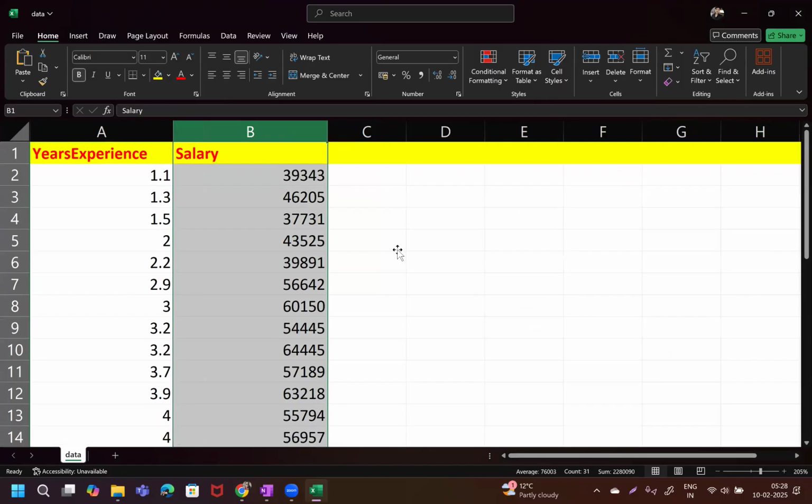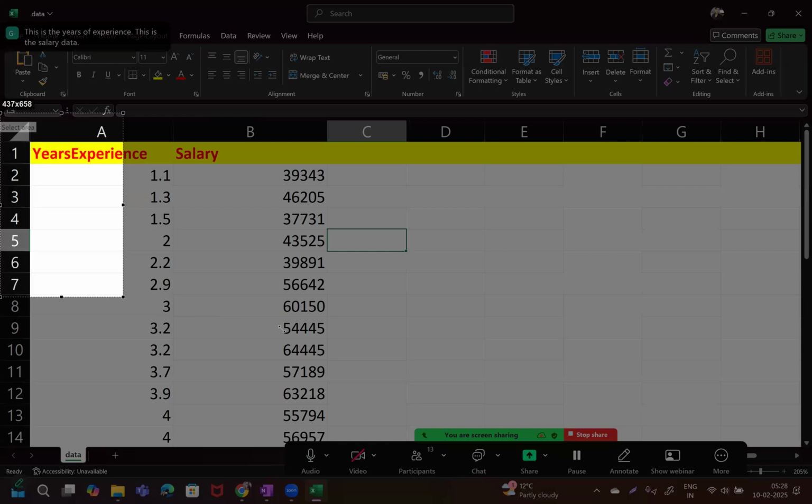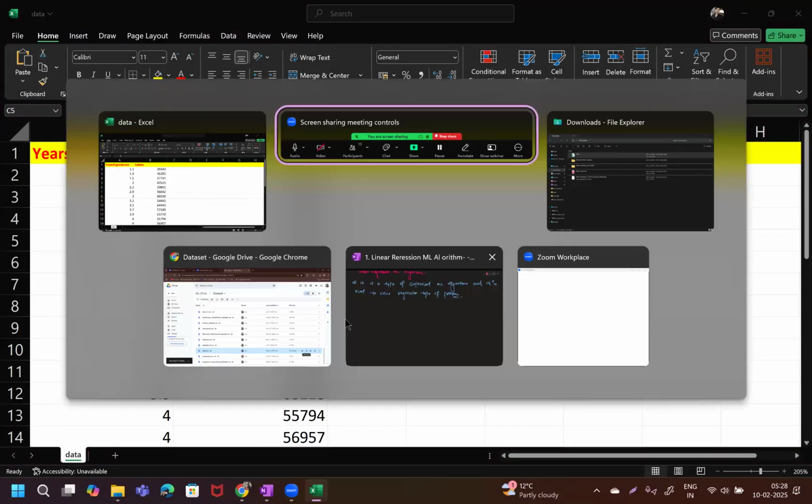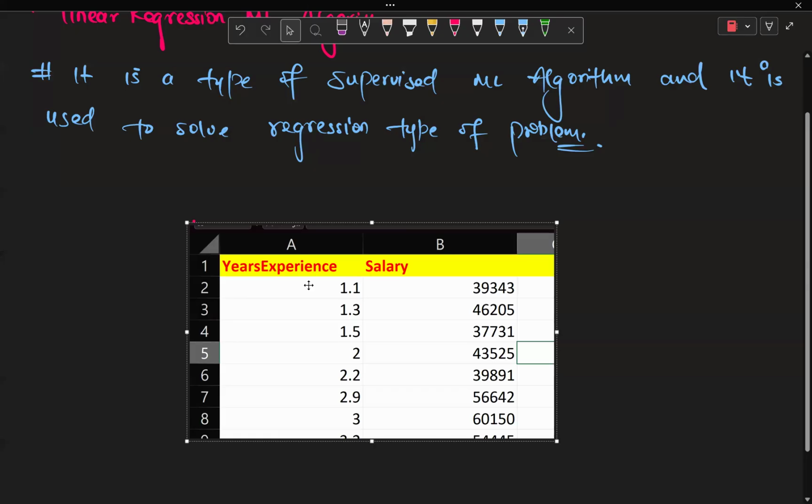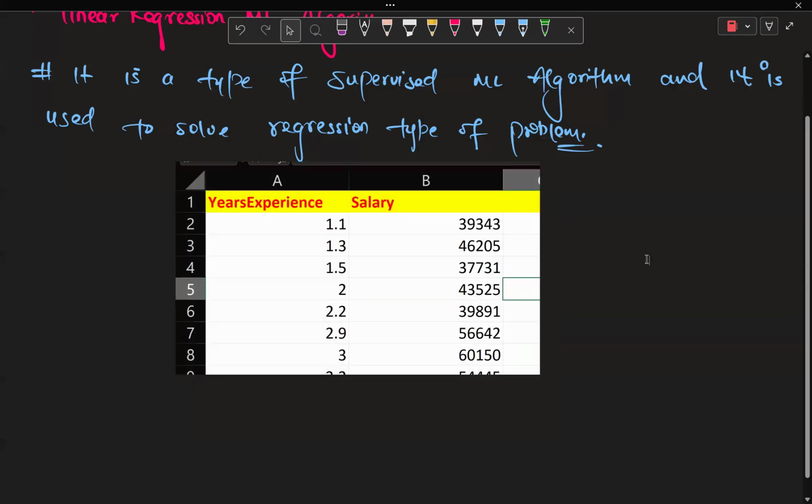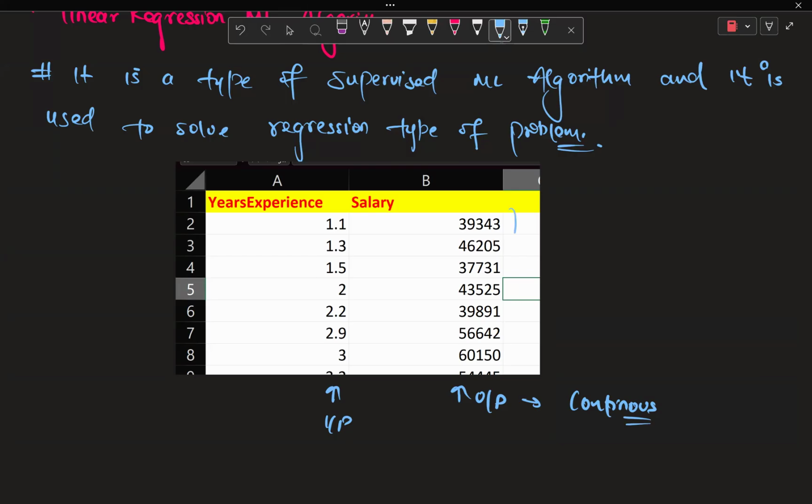This is the salary data. Okay, so it's a regression problem. Why? This is your output and this is my input. The output is continuous data. Yes or no, guys? It is continuous. Remember? So it is a regression problem. Clear?